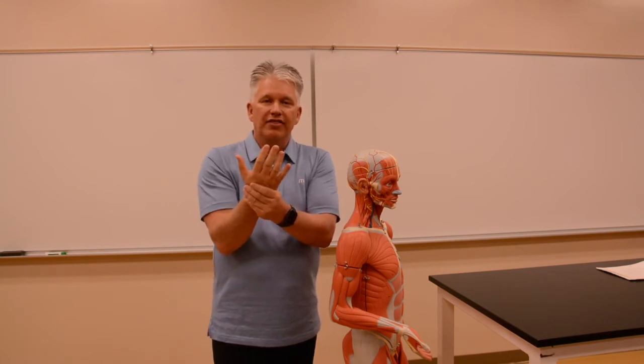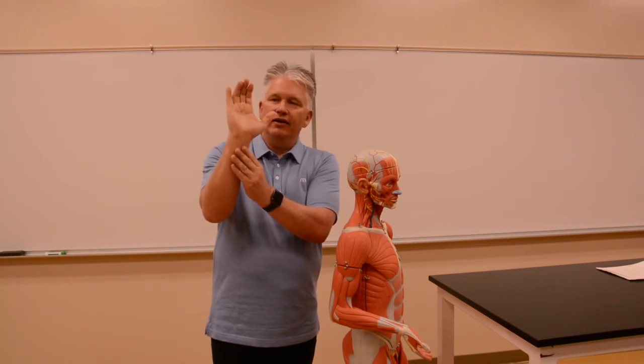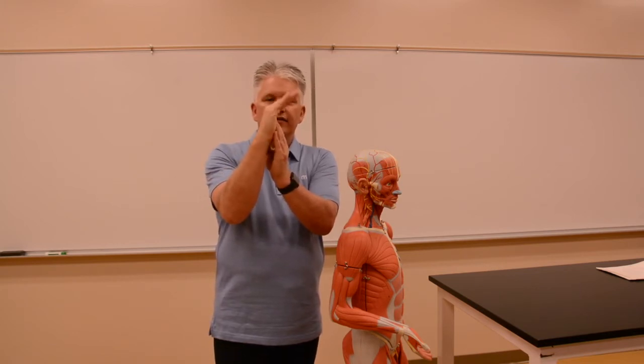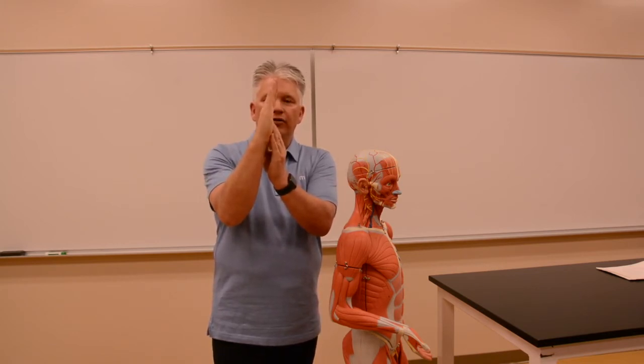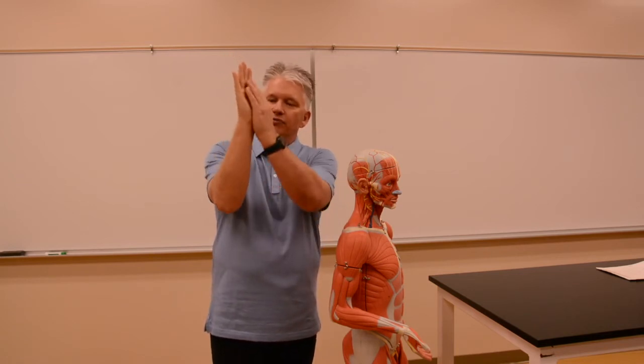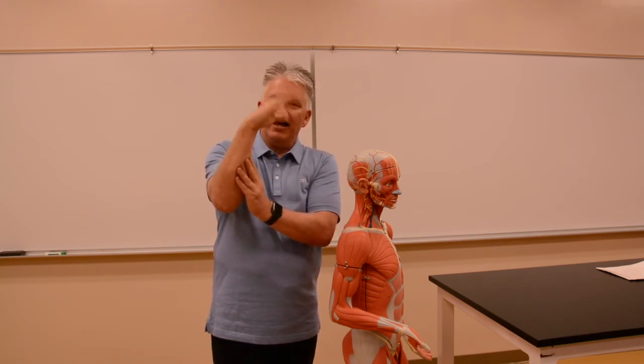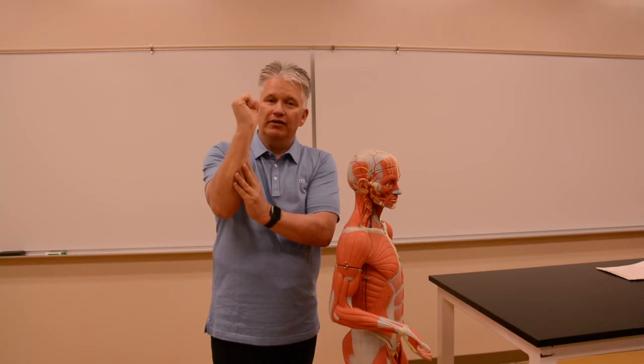Well, we never think about this, but isolate movement in your hand. I can flex my interphalangeal joints. I can flex my metacarpal phalangeal joints, or I could flex the carpals. So I've got all of these muscles on the anterior side that allow me to flex, but I can isolate movement.